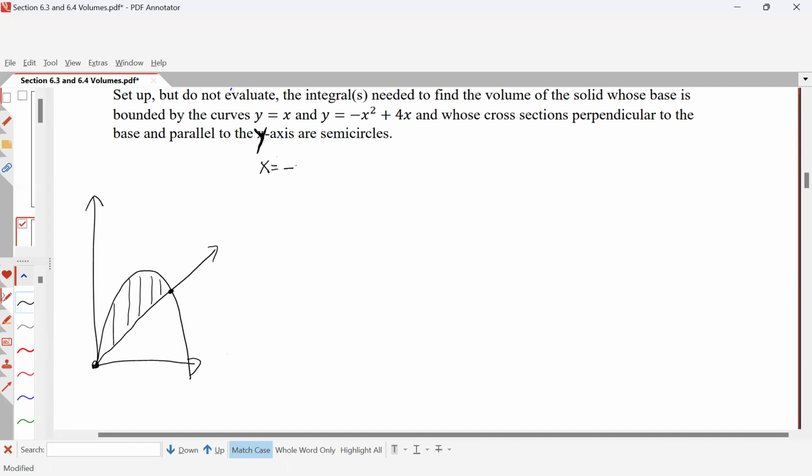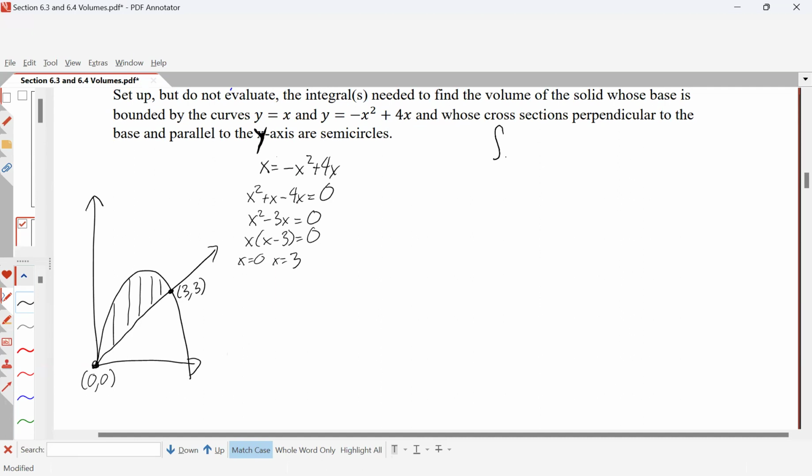So when x equals negative x squared plus 4x, we have that x squared plus x minus 4x equals 0, or x squared minus 3x is equal to 0. Factoring, we get that x equals 0 or x equals 3. So our points (0, 0) and (3, 3) are where those two functions intersect.